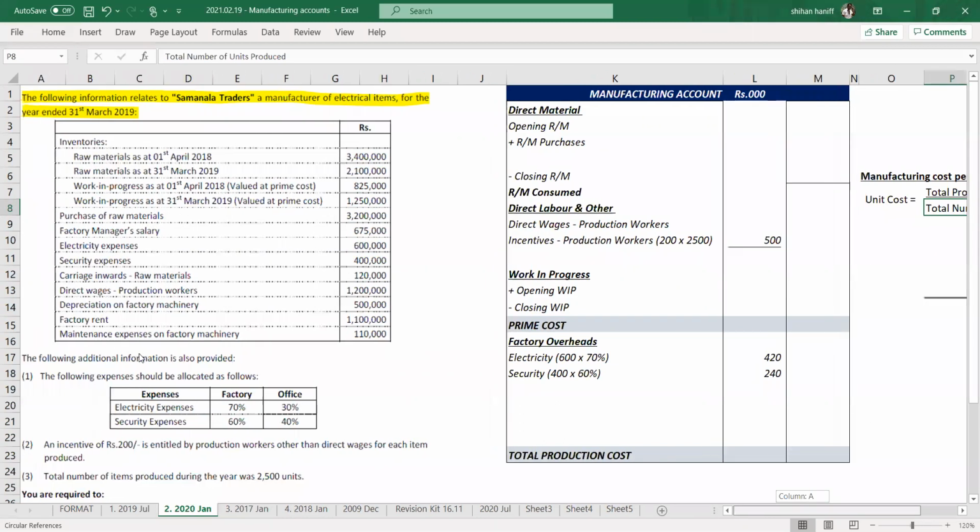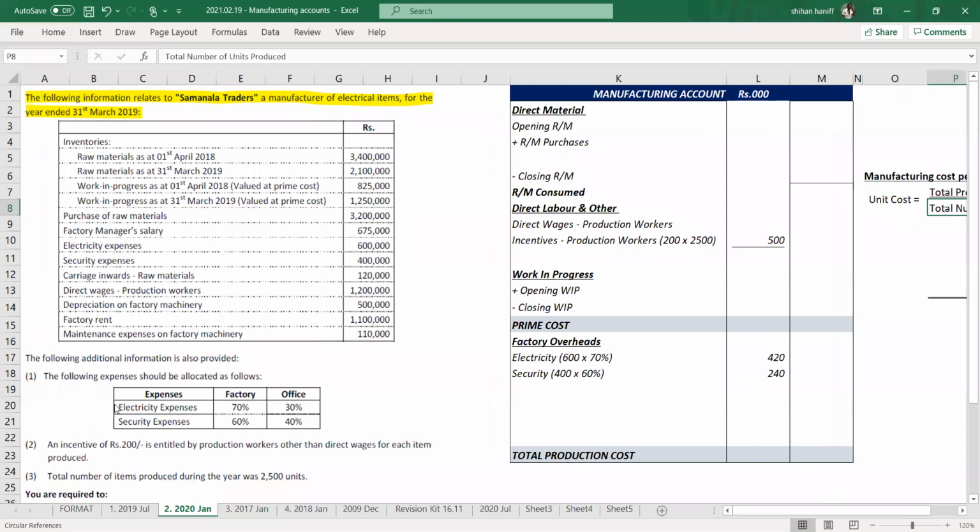Okay. So we took the electricity, security, incentive.